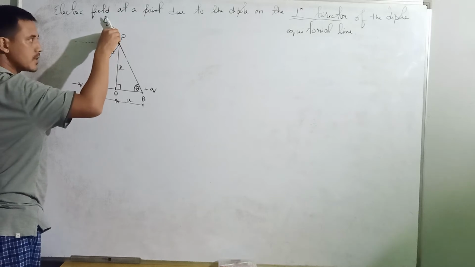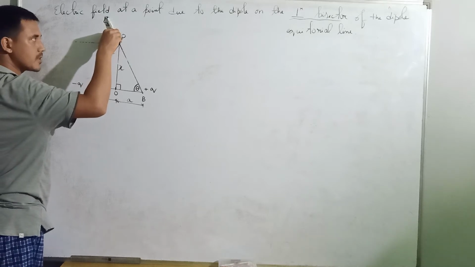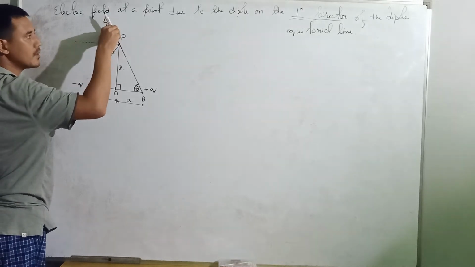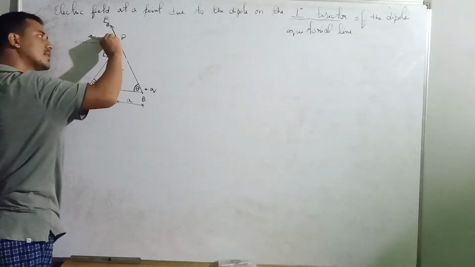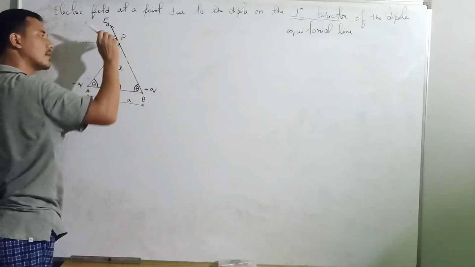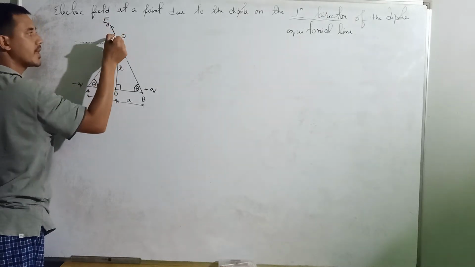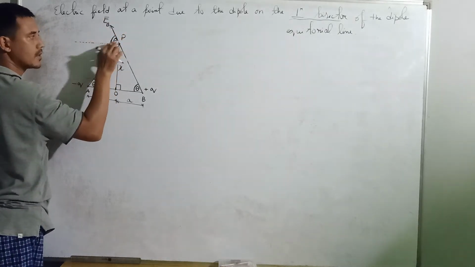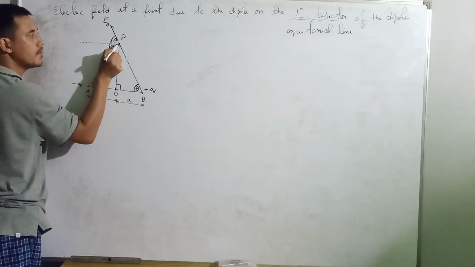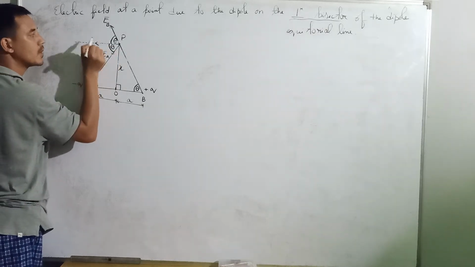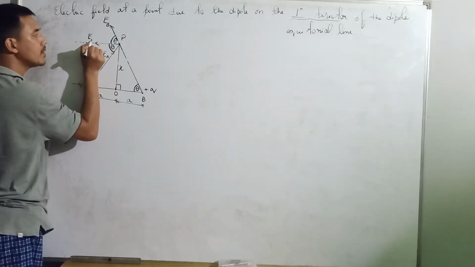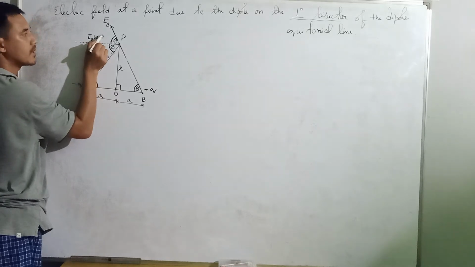Now, EB makes an angle theta with this line. So the component of EB along this direction will be EB cos theta.